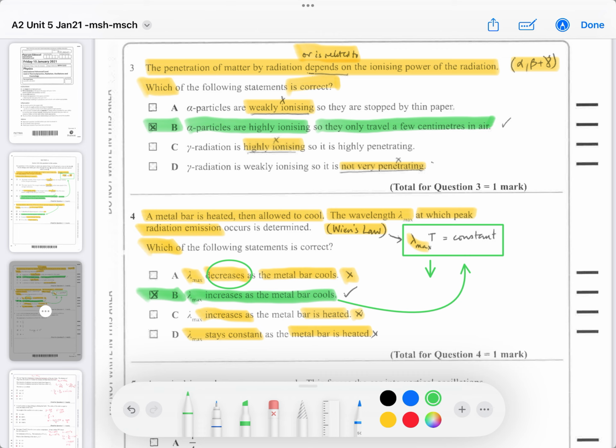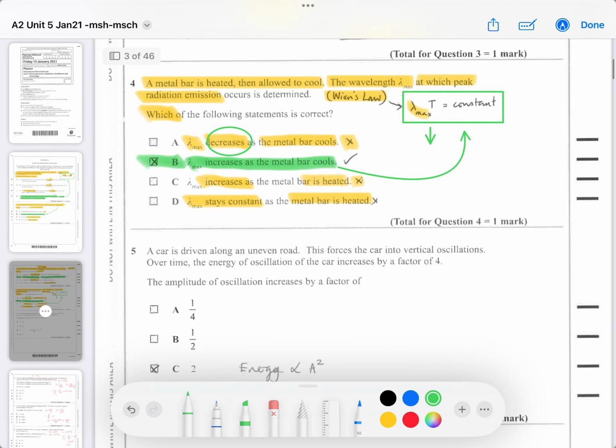Now if you think about it, energy is related directly to frequency. So the higher the temperature, the bigger the frequency in terms of photons. Higher temperature will give, on average, higher photon energies, and that is inversely proportional to lambda max. So this will help you understand it.